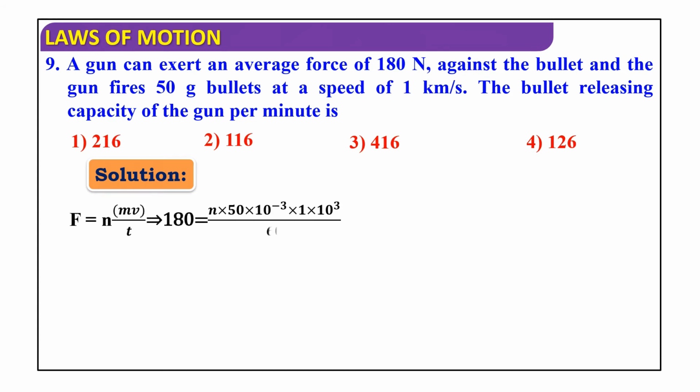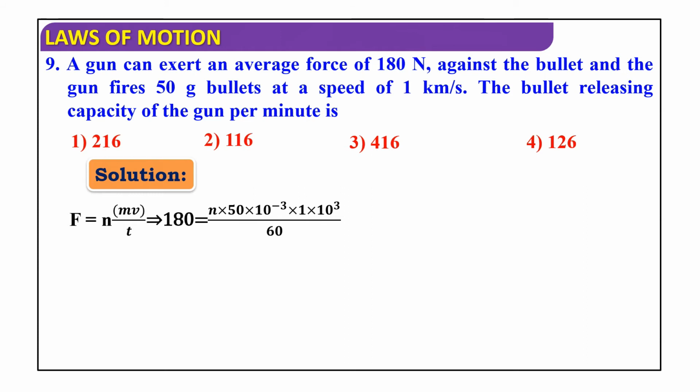F = N into mv by t. So F is given as 180 newtons. So 180 = N into, the mass of the bullets is 50 grams, converting into kilograms, 50 into 10 to the power of minus 3.